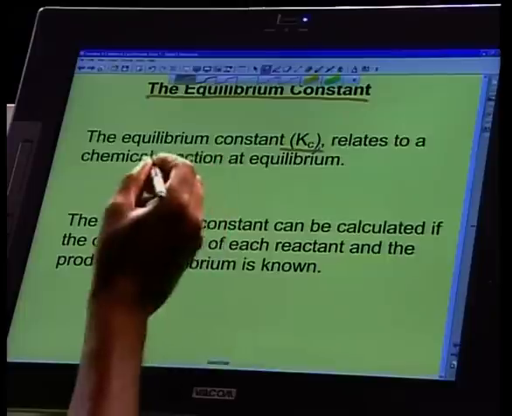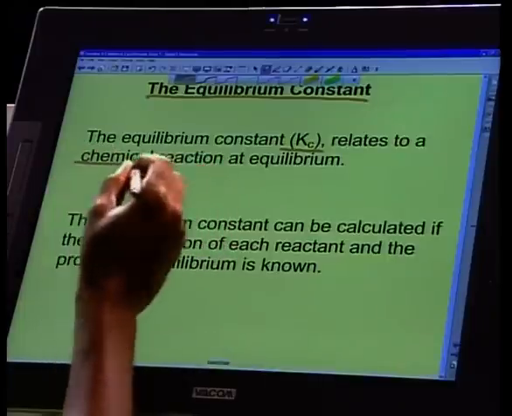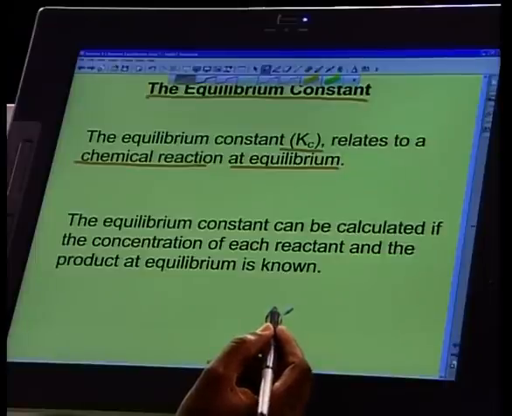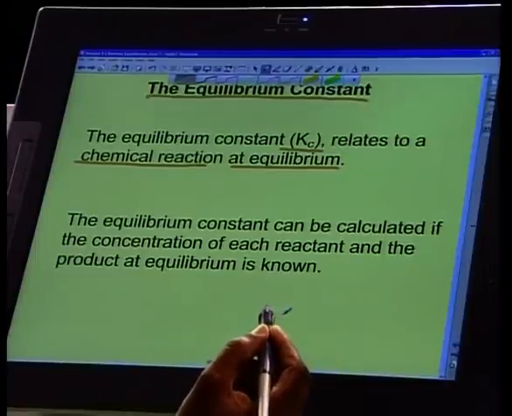This relates to a chemical reaction at equilibrium, and it can actually tell us the degree to which our equilibrium has shifted. Is it more to the right or more to the left? Things like that. But we'll learn more about that as we move on.